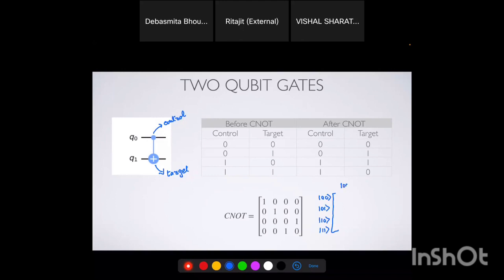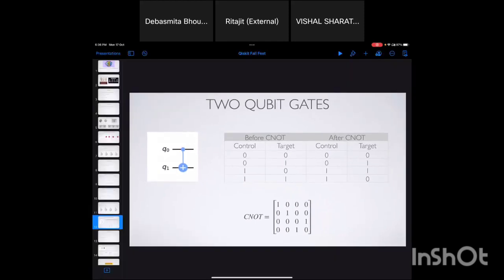Similarly, this is the outcome that can happen: 1 0 and 1 1. So let's see what this is doing. When both of them are 0 and 0, what is the outcome? It is 0 and 0. So this portion becomes 1, nothing else happens. When this is 0 and 1, the outcome is again 0 and 1, nothing else happens.